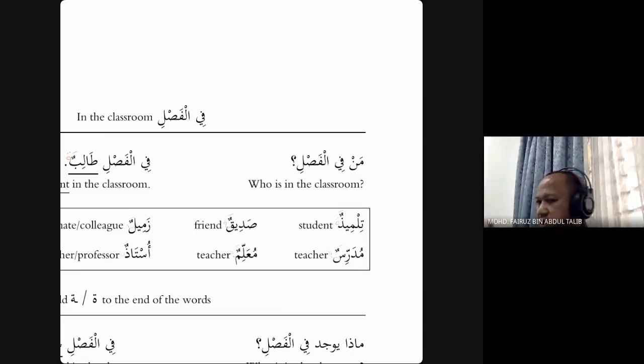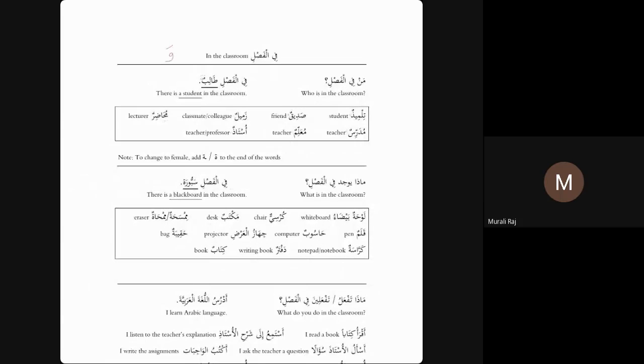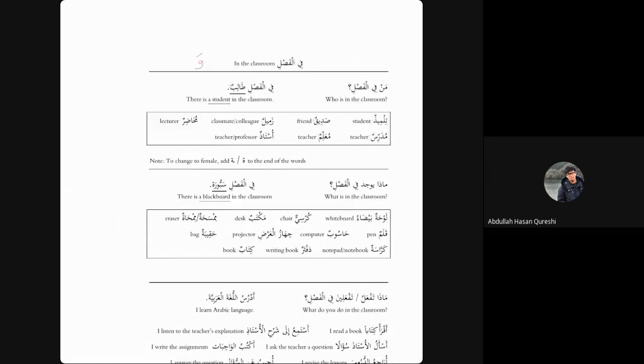Any question for the first part? Yes, in English, if you say someone and someone, it's going to be teacher, student, and lecturer.